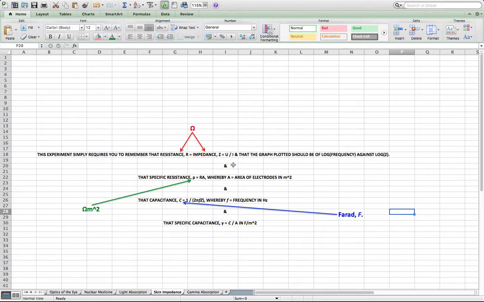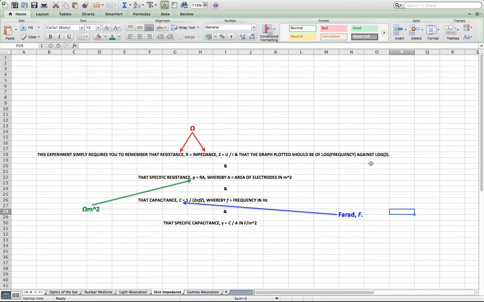You can then use this to plot a graph of the log of frequency as you were to retrieve the data of impedance, and you were taking the voltage across the electrodes when you were supplying a certain frequency through them onto the skin. That generated a current and a potential difference, obviously, and that was used to calculate the impedance.